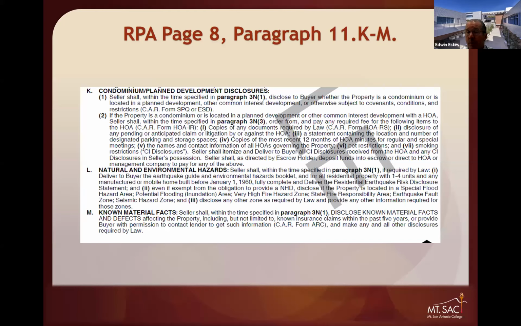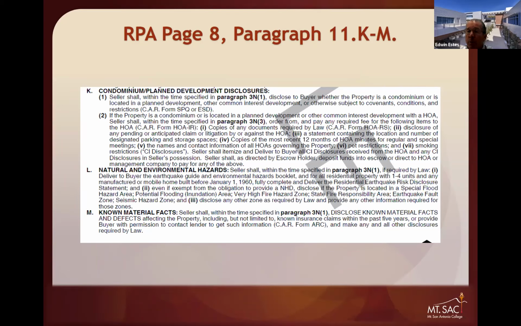The thinking is they request it within 3 days. Okay. Hopefully the association will get it to the buyer within 10 days from acceptance. Okay. But seller must notify the buyer that you are in a condominium or planned development within 7 days.